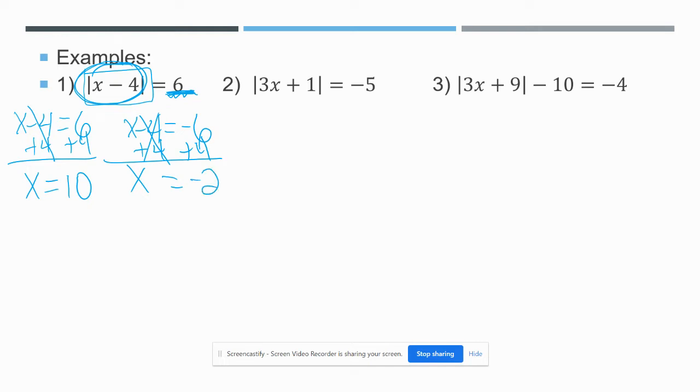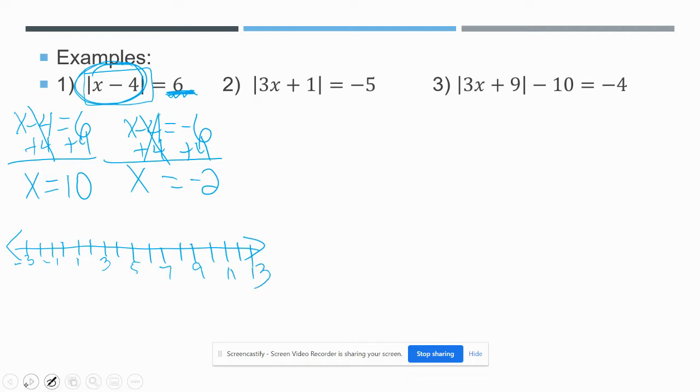And so we have x is equal to 10 and x is equal to negative 2. So if I were going to graph that on a number line, there's negative 2 and there's positive 10. And that would be it.